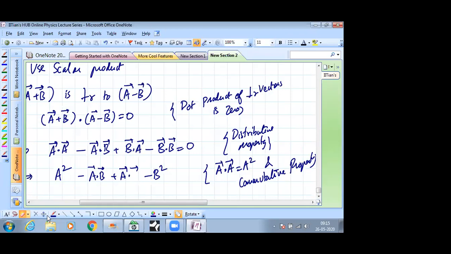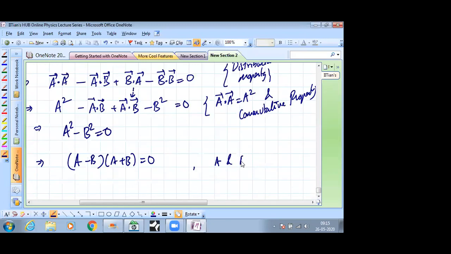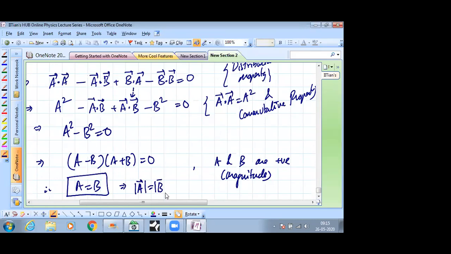So if the whole thing is 0, the condition is now that A square minus B square is 0. Okay. So that means A minus B into A plus B is equal to 0. Now A and B are both positive because they are magnitudes of vectors. Okay. So therefore A cannot be equal to minus B. So this bracket only must be 0. So magnitude of vector A must be equal to magnitude of vector B, which must be 5.